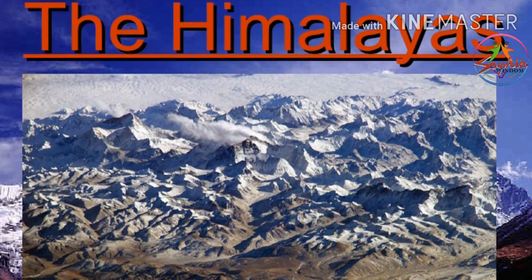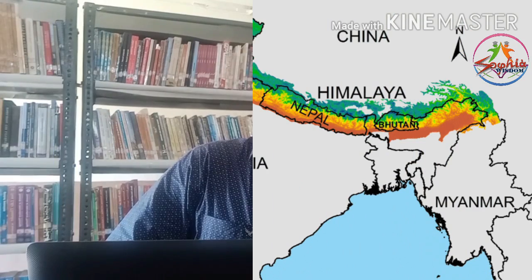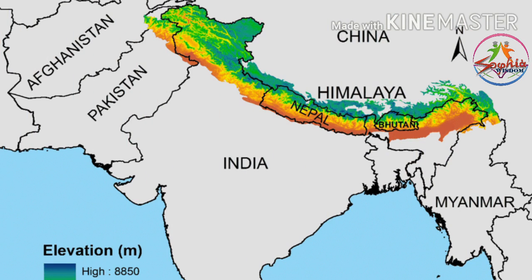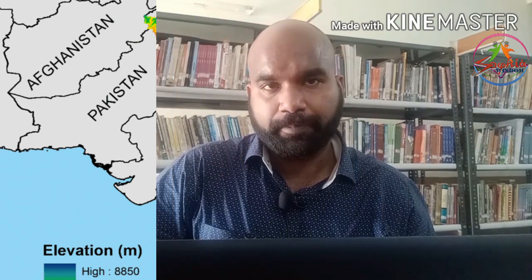The first relief feature that we are going to discuss is the Himalayas. We know the Himalayas are located on the top side of India, and the Himalayan mountain ranges run from the west to the east. The length of this region is around 2,400 kilometers, and the width also varies.